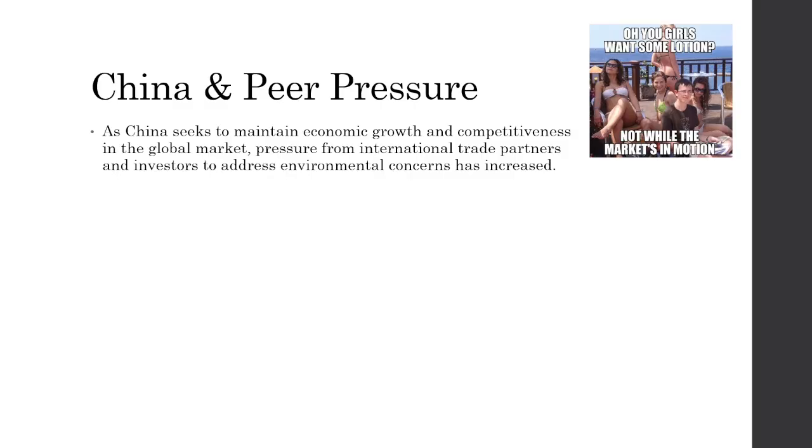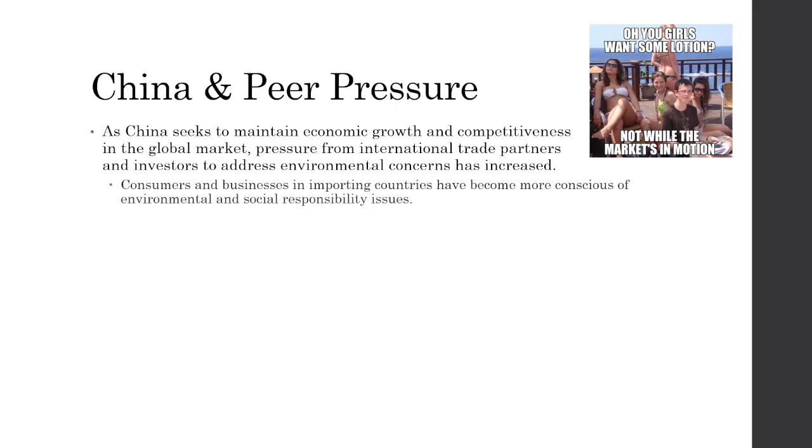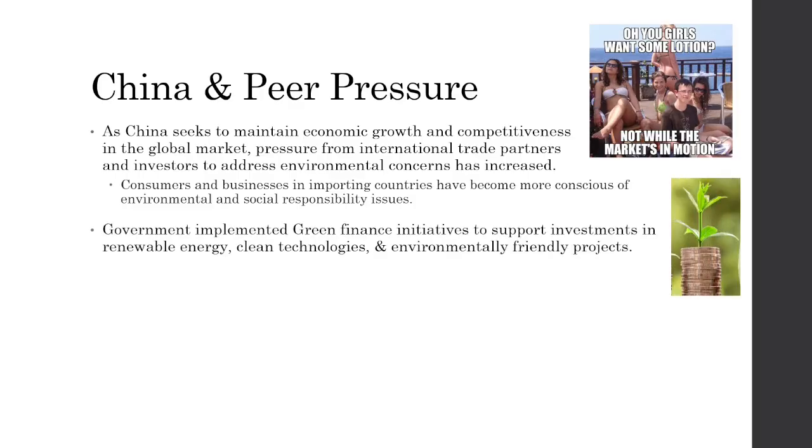There has been pressure from international trade partners and investors who bring in FDI to address environmental concerns that have resulted from their production. Consumers and businesses in importing countries have become much more conscious of environmental and social responsibility issues, particularly within the last 30 to 50 years. And this is thanks to the development of transportation and particularly communication technologies.